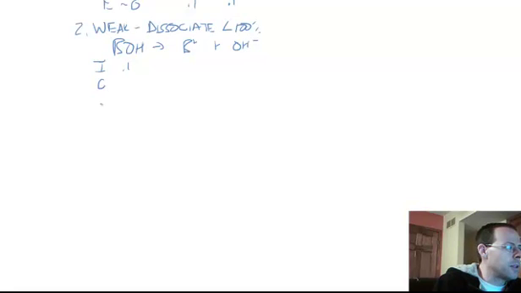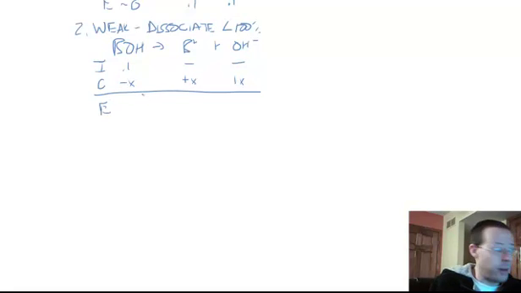We have our ICE table. We don't have anything to start with for the products. This is going to change minus x, this is going to change positive x, and at equilibrium we're going to have 0.1 minus x, x, and x.